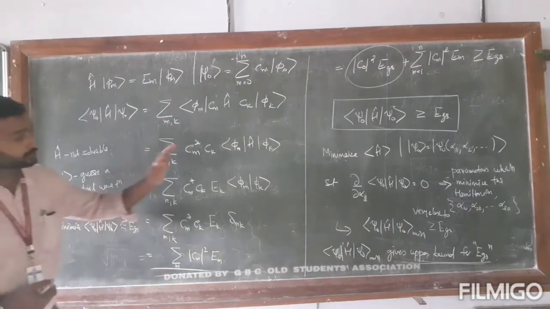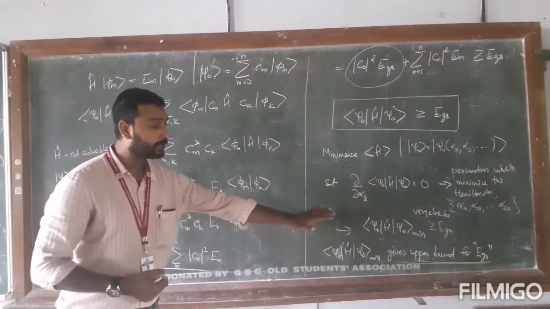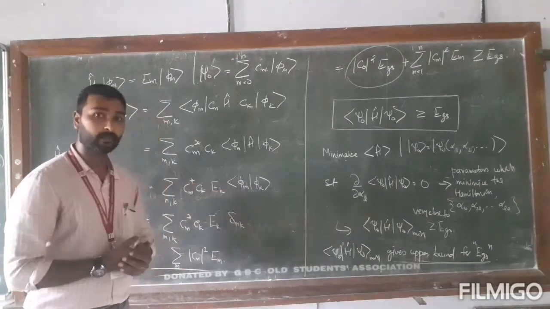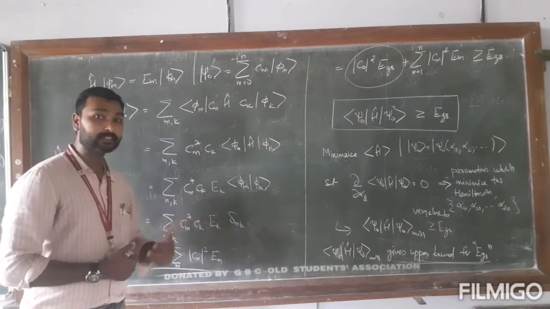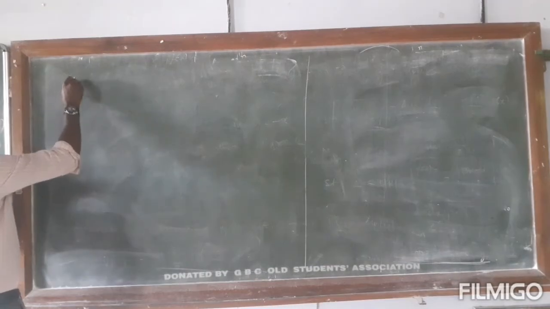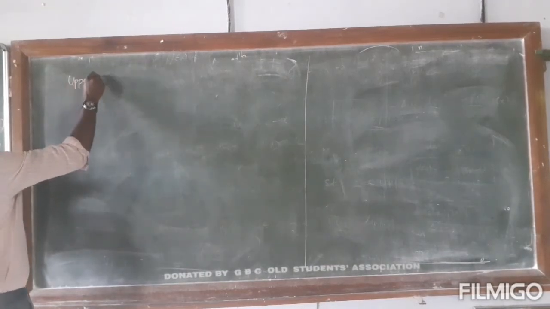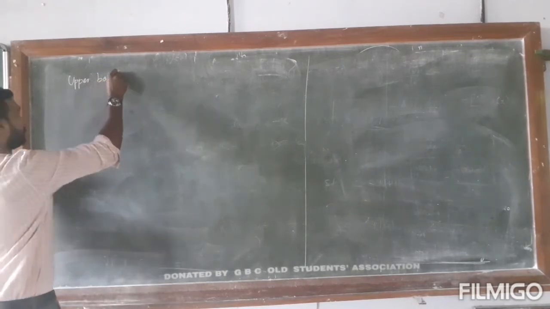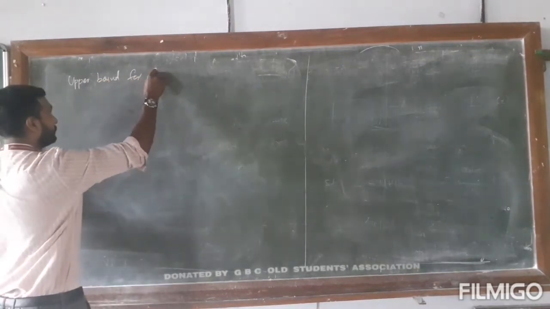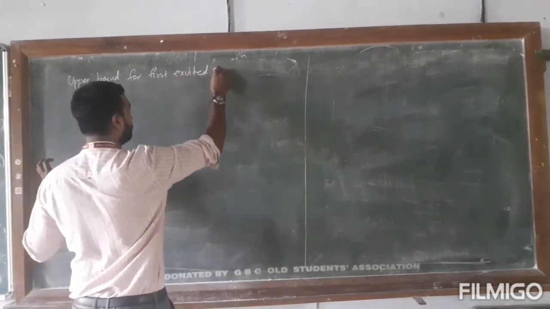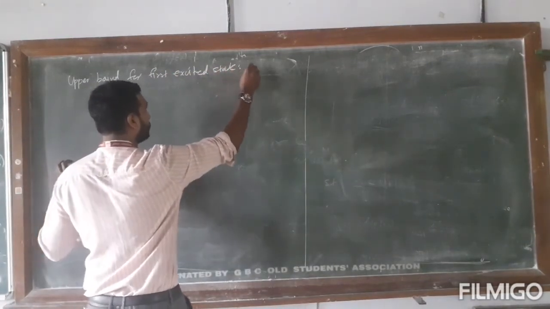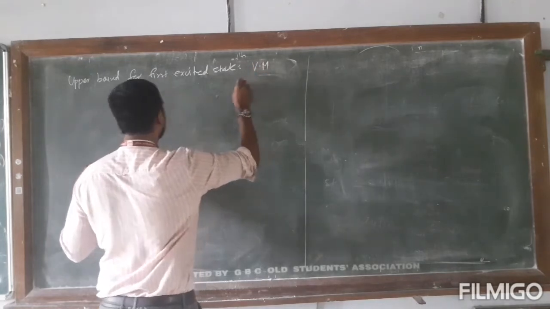We have just described how to find the upper bound for the ground state. Next we will see how to find the upper bound for the first excited state using the variation method.